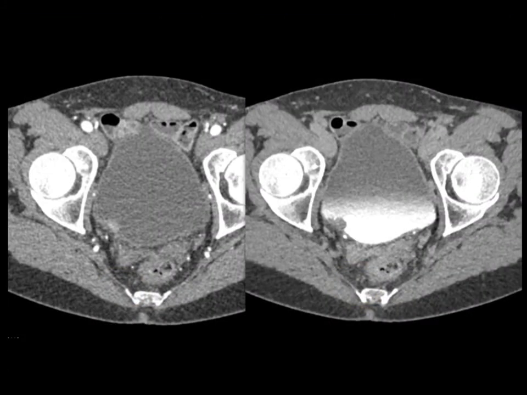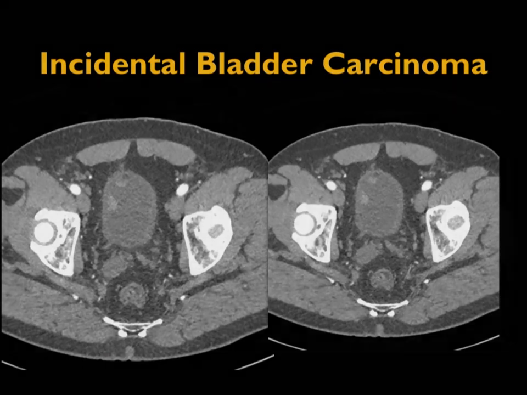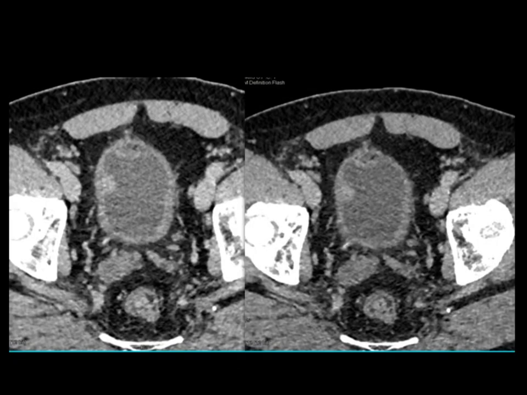And here's the images side by side with the bladder with urine or the bladder with positive contrast. And again, both of them give somewhat similar information, but at times the images without the contrast are even more valuable.